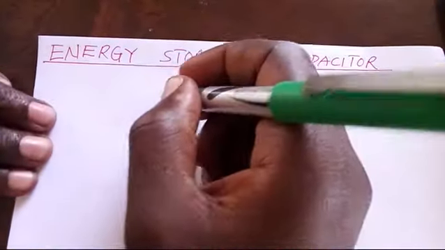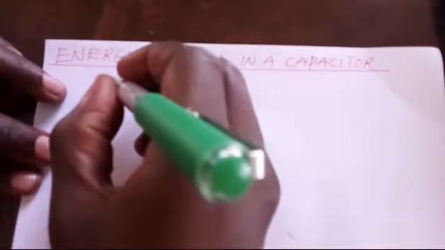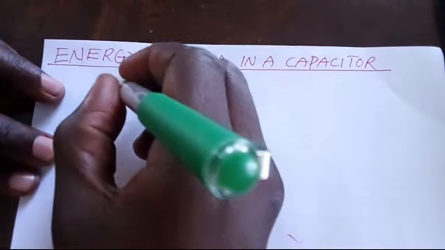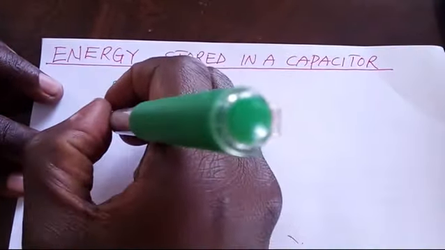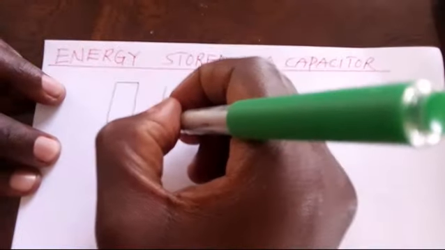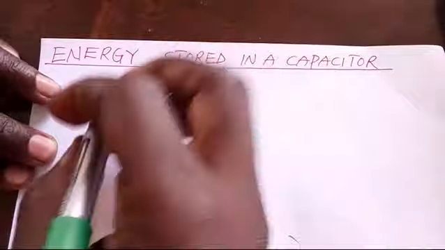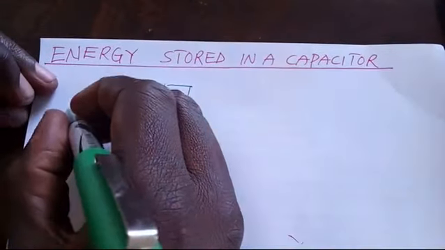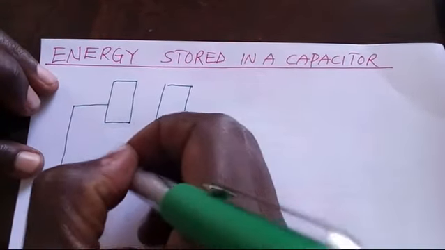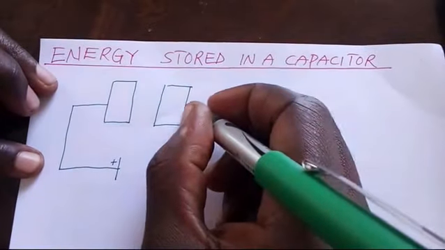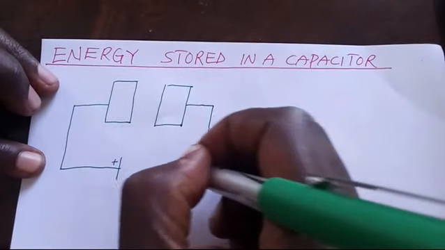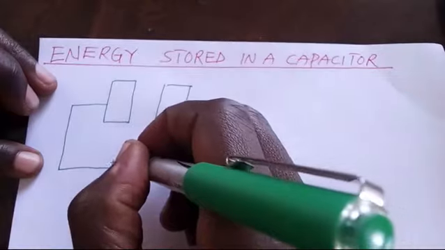I'm going to use a parallel plate capacitor as an example. If I have this plate and I have the second plate here, then I connect this to the positive terminal of a battery, and this one I connect to the negative terminal of the battery.